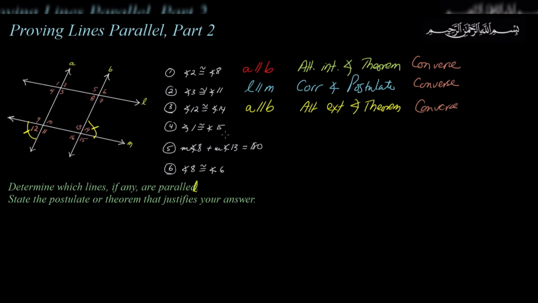Angle 1 is congruent to angle 15. Where is angle 1 and angle 15? Well, angle 1 is over here, and angle 15 is over here. Now that's kind of tricky because we don't have any of these.